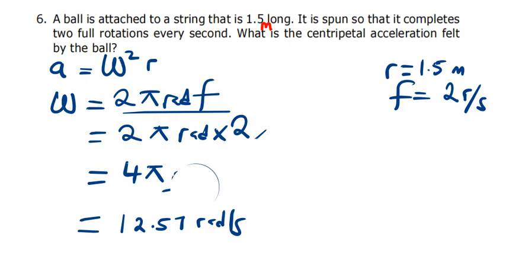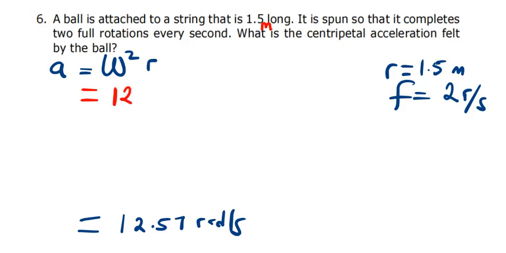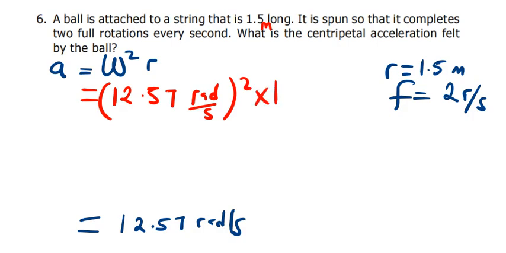So now that we found our angular velocity, we just have to replace and solve. Our angular velocity, 12.57 radian per second, is squared, multiplied by the radius, which is 1.5 meters. So how are we going to solve this one?